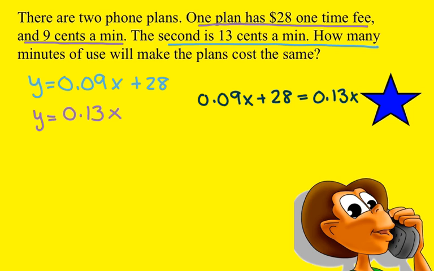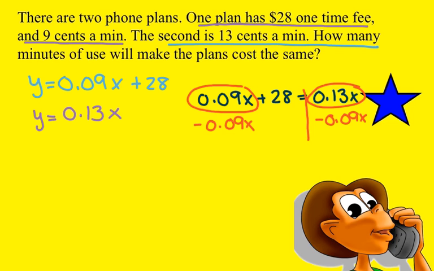So first we need to combine like terms. So I have like terms with x. So I'm going to subtract that 9 cents a minute on both sides because that's the smaller one. So I'm going to be left with 28 equals 13 cents minus 9 cents is 4 cents.